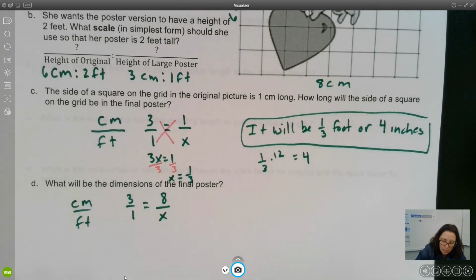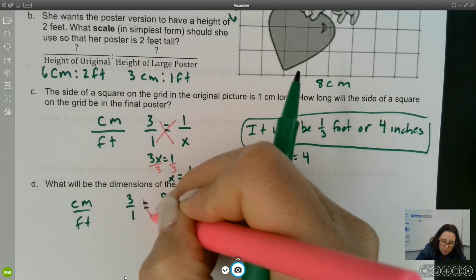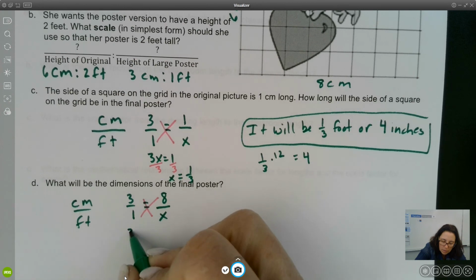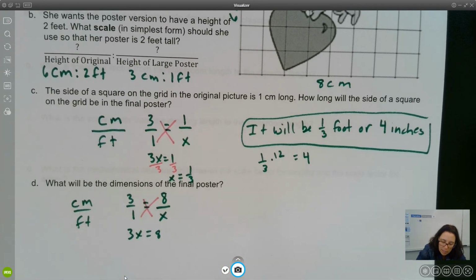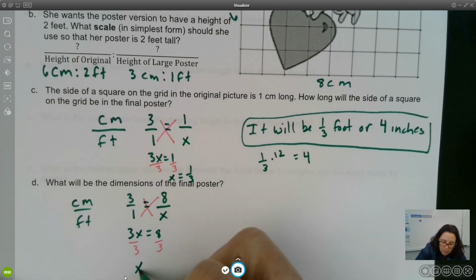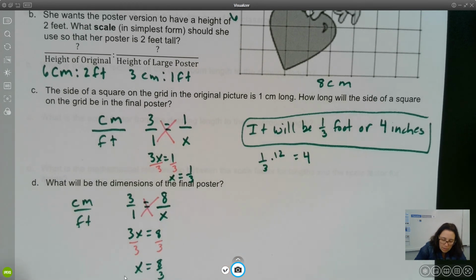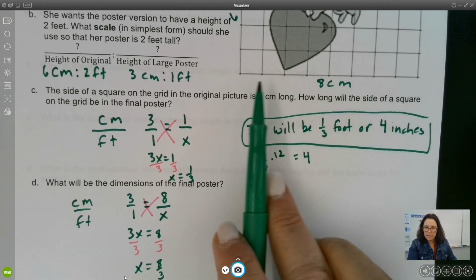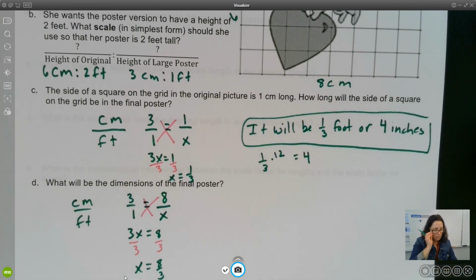So this would be 3x equals 8. Divide by 3. 8/3. Okay, so 8/3 is the length here that it would need to be.